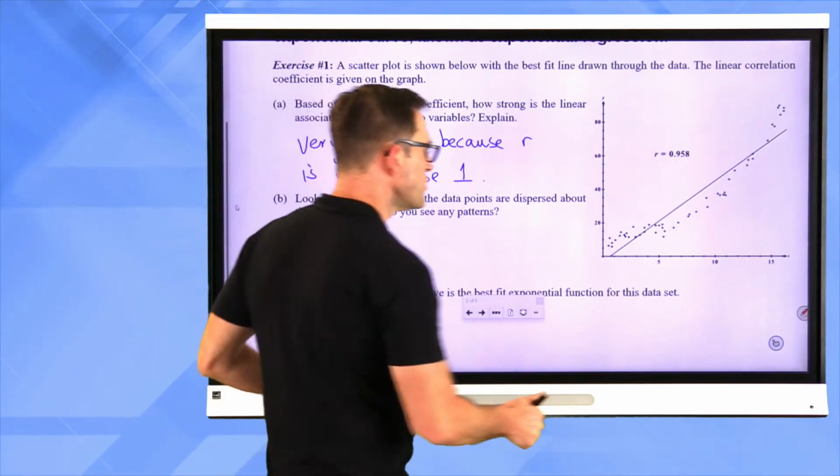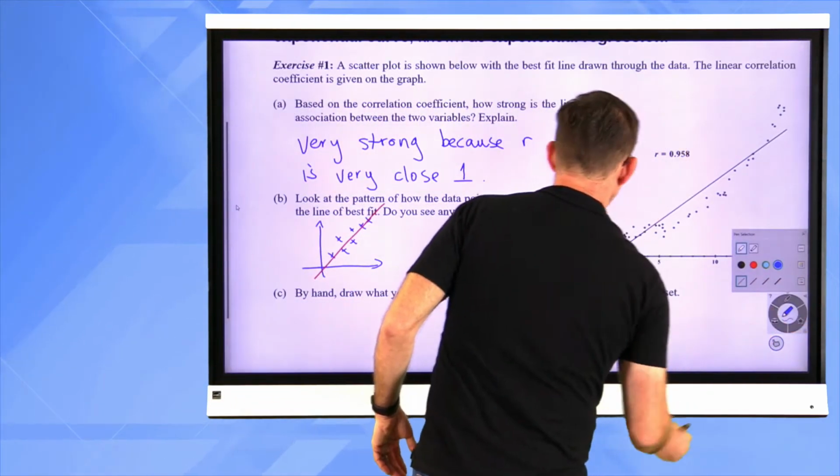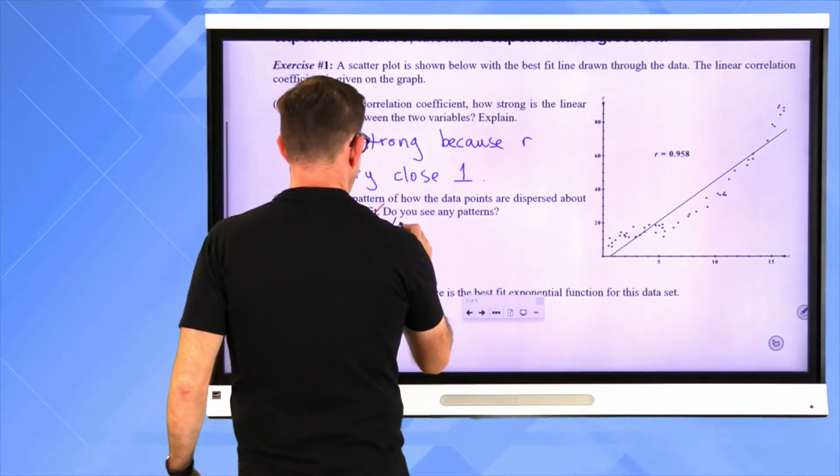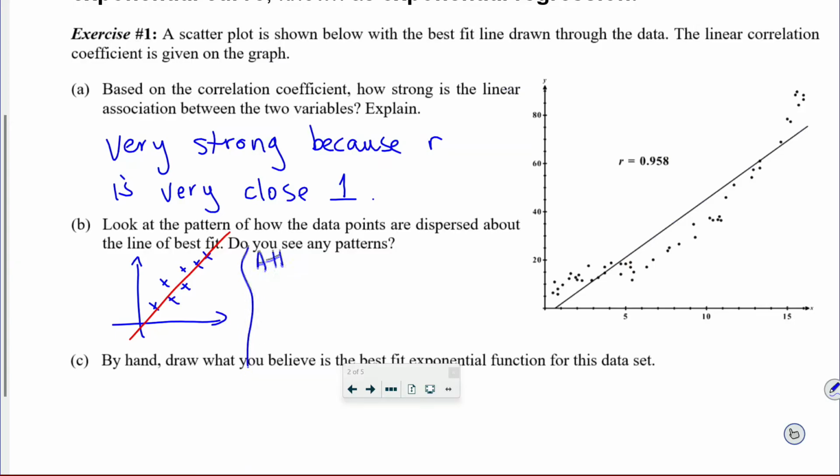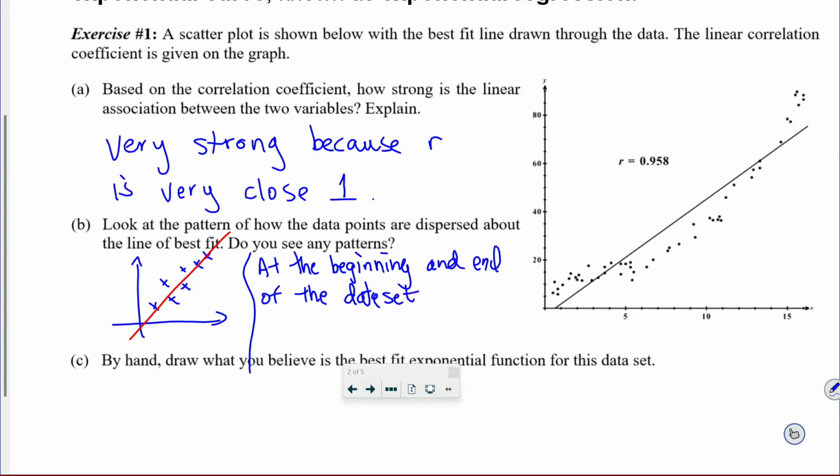But in this particular case, we see something very specific. At the beginning and end of the data set, the data is above the line.